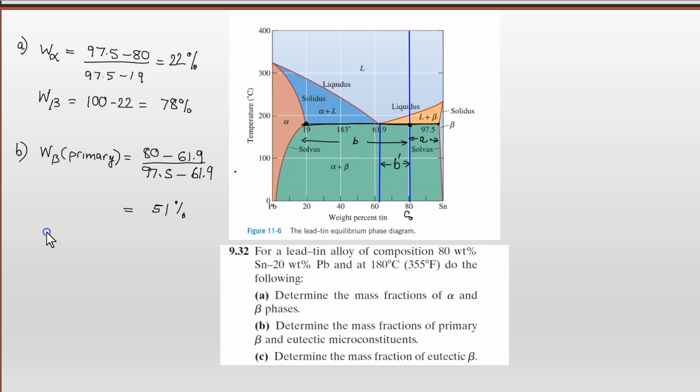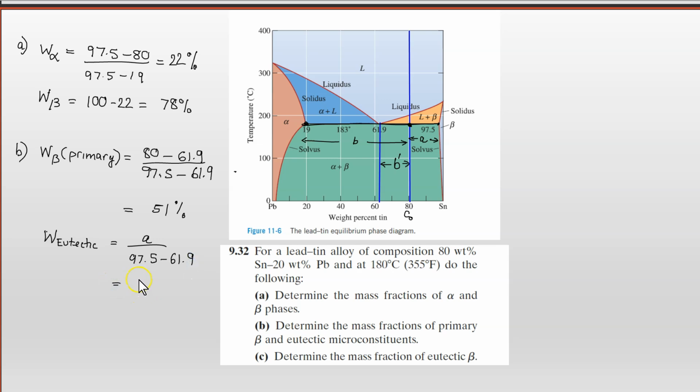Now the remainder is going to be the eutectic. The eutectic phase boundary is going to be here at the composition of the microconstituent. So we want to divide this length A by the total length of the tie line. That will of course give us 100 minus 51%, but just to show you that is true, that's going to be A over the length of the tie line here, which is 97.5 minus 61.9.